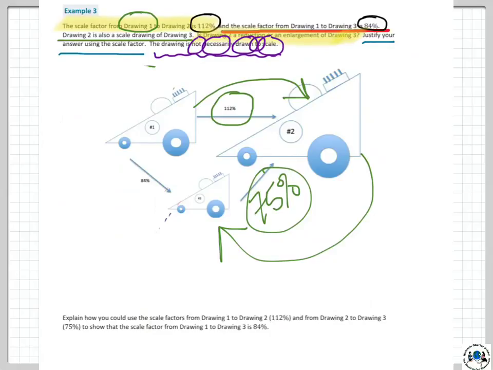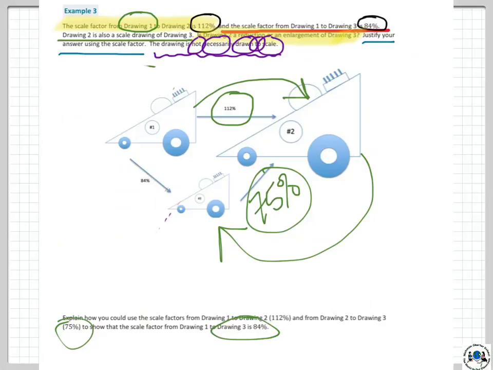This is actually a new one that was given to us down here. How could we use those two to justify that going from 1 to 3 is actually 84%?